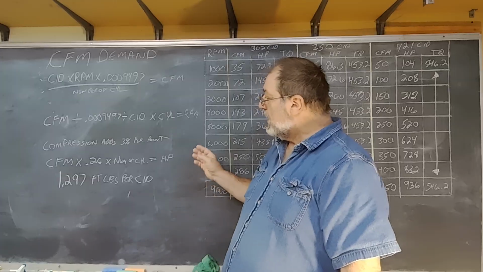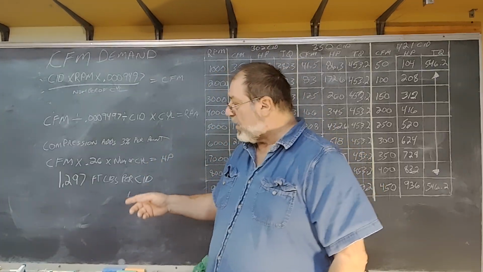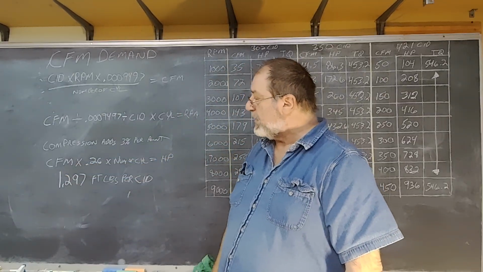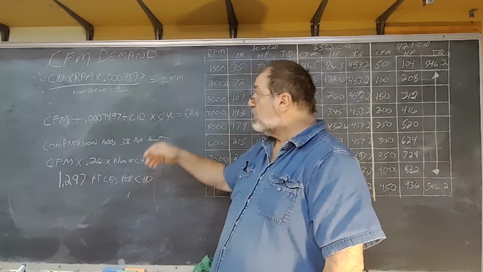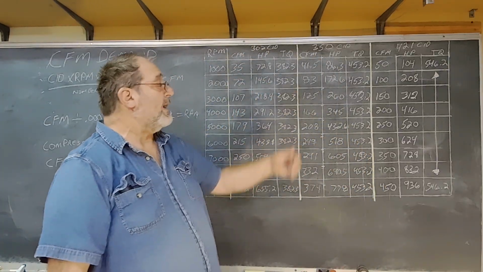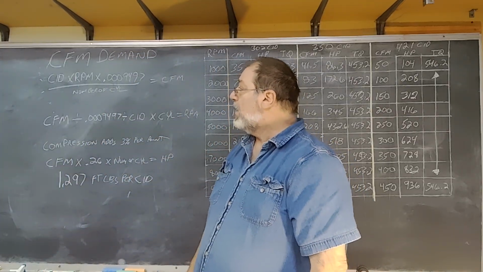And so horsepower is easy to figure. That has always been 0.26 times CFM times the number of cylinders. You can figure torque strictly by CID, or you can figure the horsepower and move it over to torque. It'll give you the same basic number.